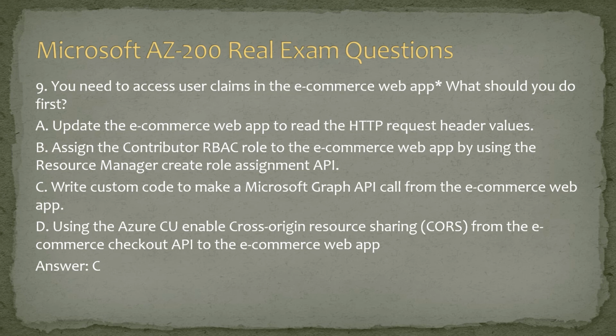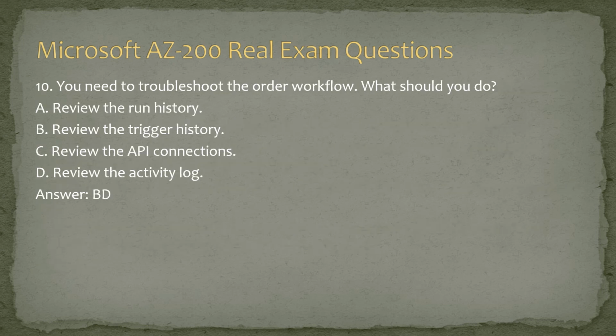C. Write custom code to make a Microsoft Graph API call from the e-commerce web app. D. Using the Azure CLI, enable cross-origin resource sharing (CORS) from the e-commerce checkout API to the e-commerce web app. Answer: C.